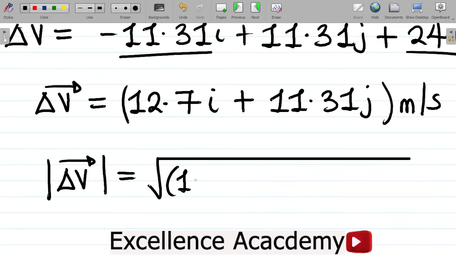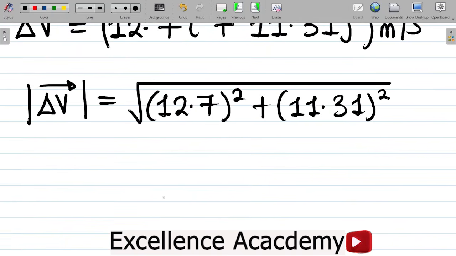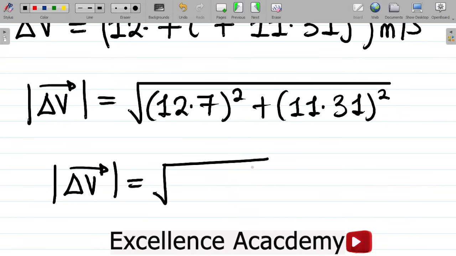That's 12.7 all squared plus 11.31 all squared. I also have that the magnitude of the change in velocity is equal to, let's punch the term inside the square root sign.